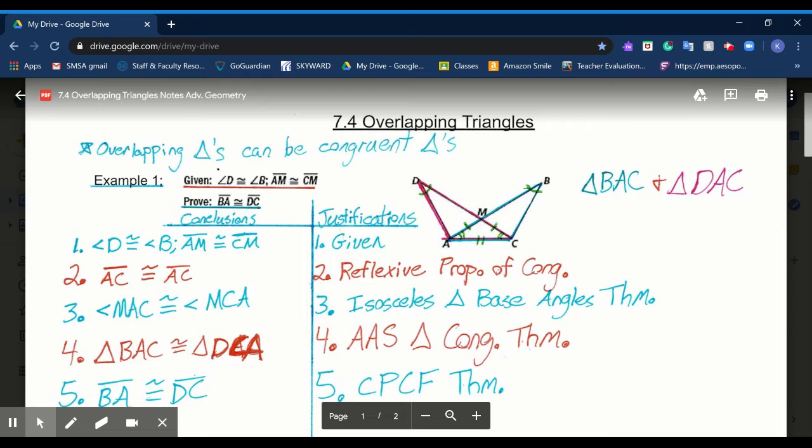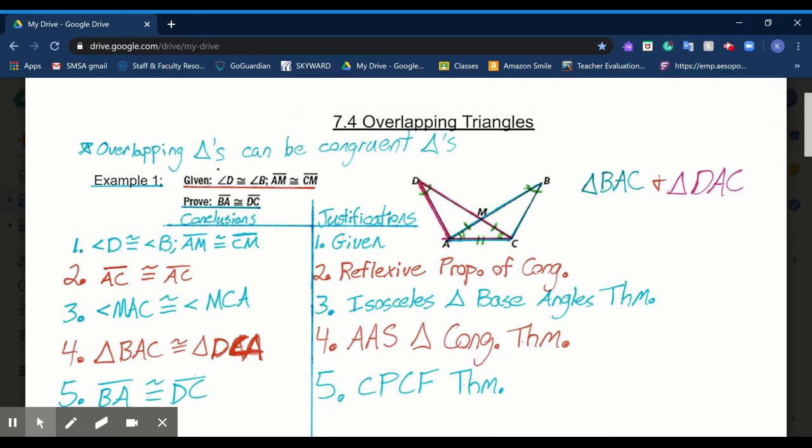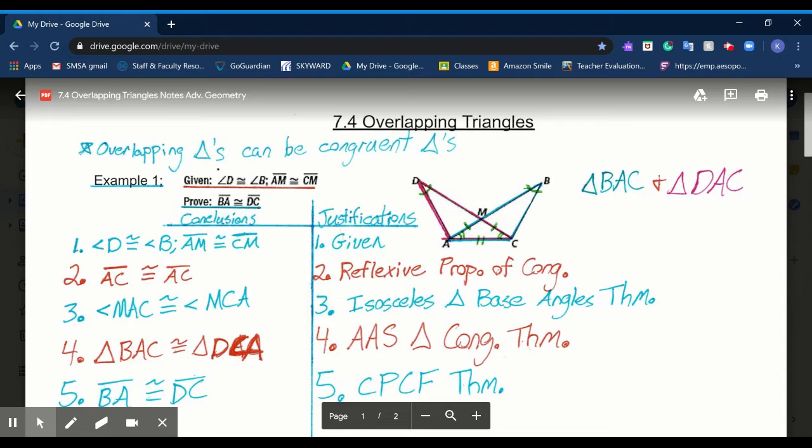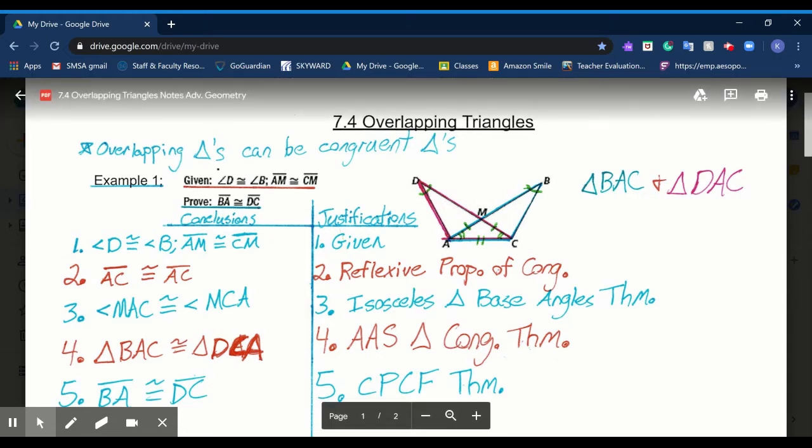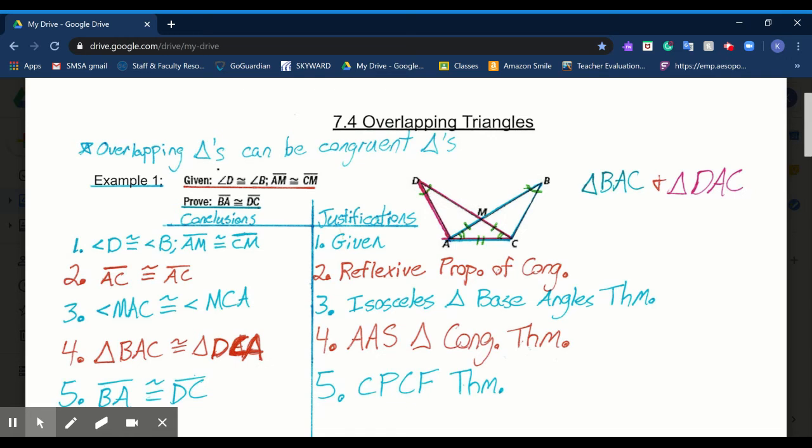As I named them, I could have also named them, so I named them MAC, MCA. Could have also named them DA or BAC and then DCA. Same thing, same angle, just using a different point along that segment. So establish those two angles are congruent.